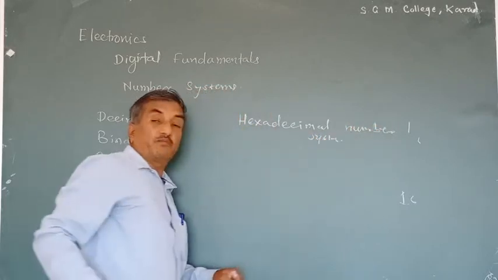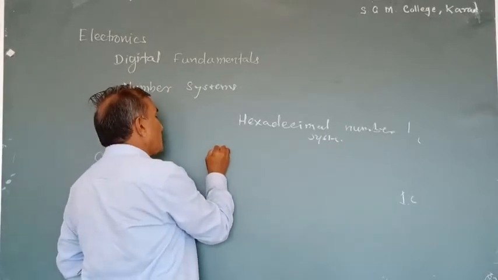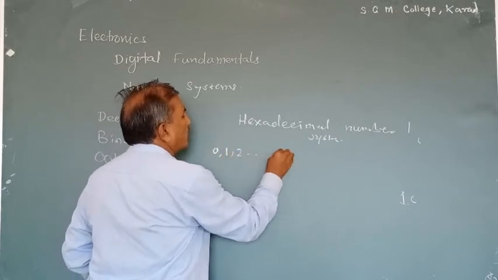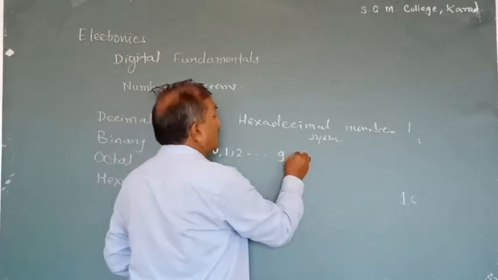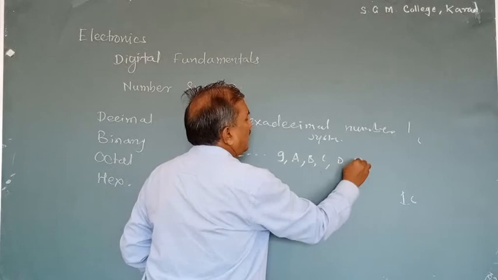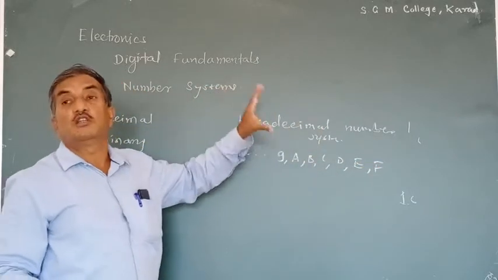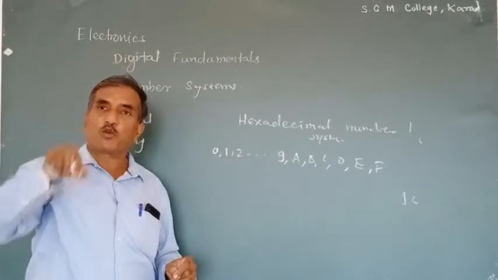Hexadecimal, or hex, uses 16 symbols. Which are the symbols? The 10 numbers are used, 0, 1, 2 up to 9. And after that the alphabets are used: A, B, C, D, E and F. In this way it uses the 16 symbols. The symbols are used in proper sequence.